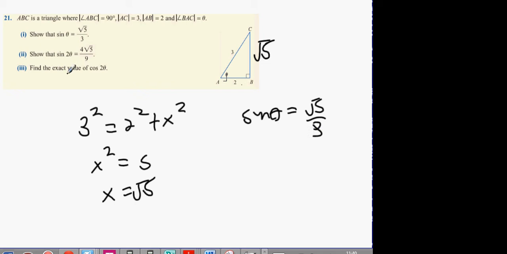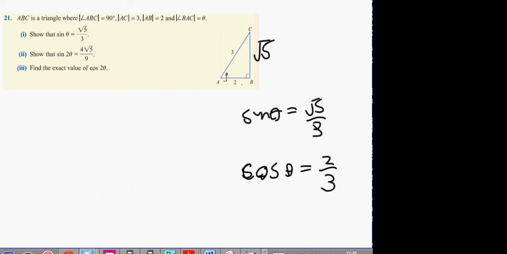Next one. Show that sine 2 theta equals 4 root 5 over 9. Well, once again, cos theta is going to be 2 over 3. Then find the formula for sine 2 theta.